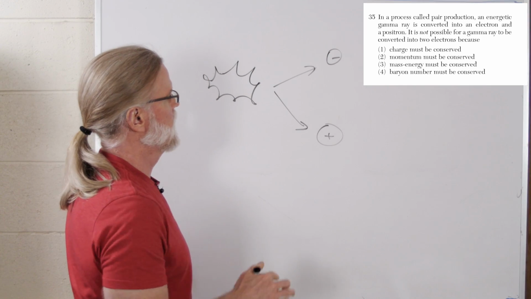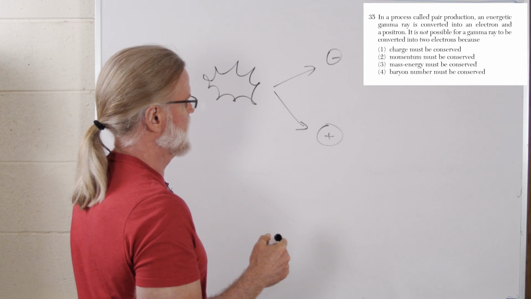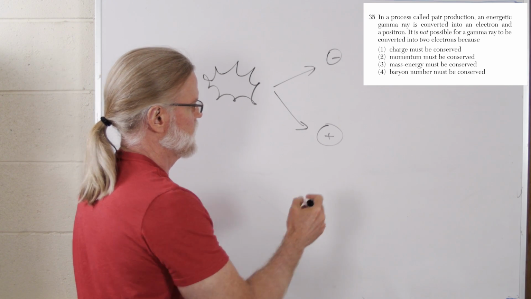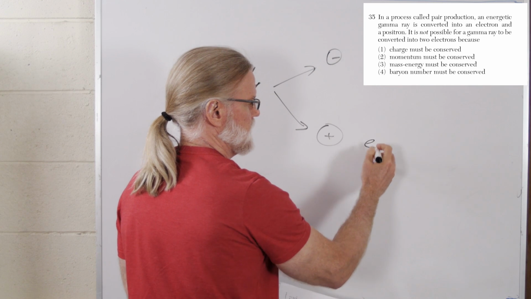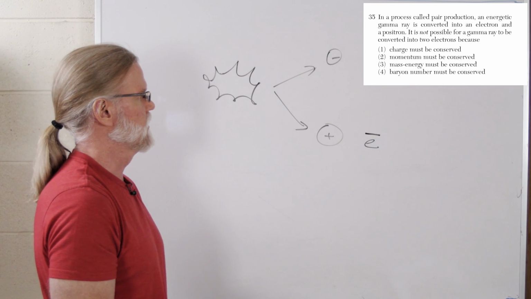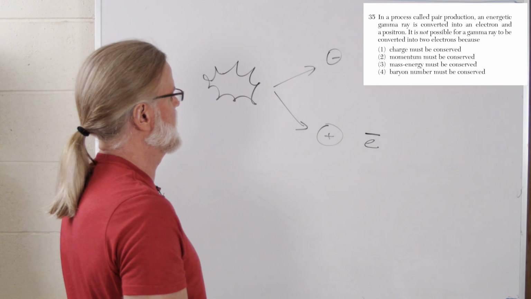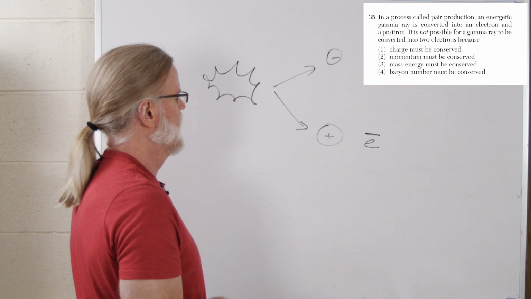So a positron is just the antiparticle for an electron. It would actually look like this, simple would be like that, and we'd put the anti-symbol on top. So it has opposite charge. Every other characteristic is the same, mass and everything.